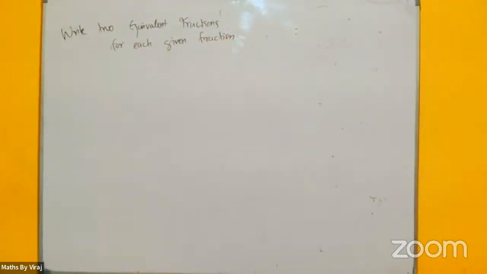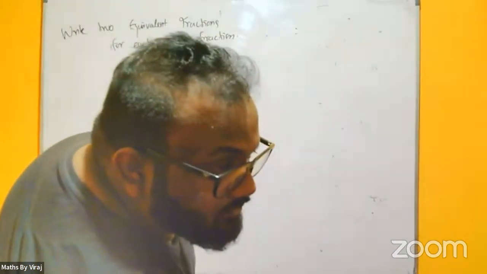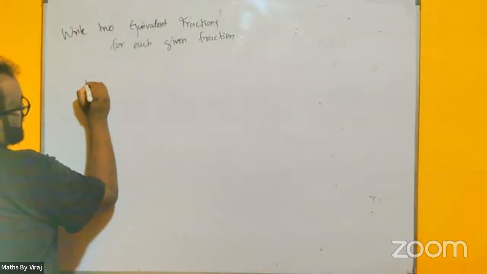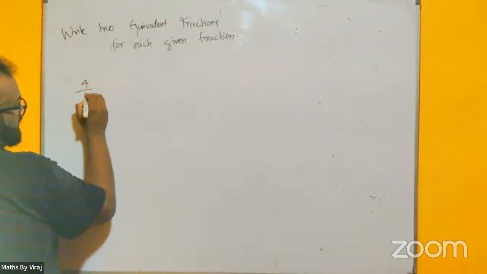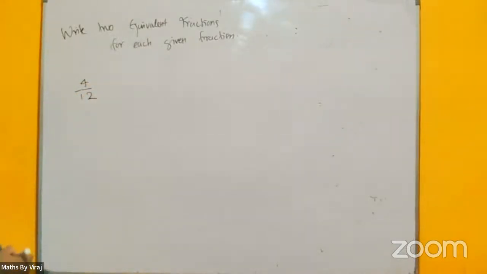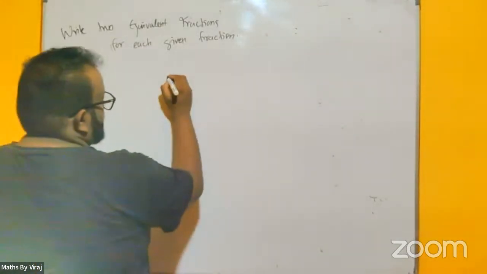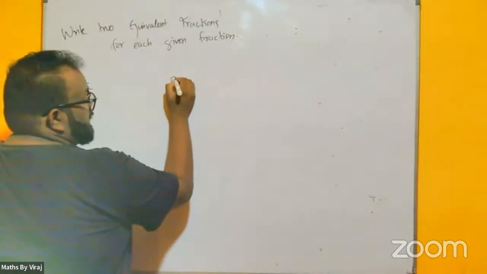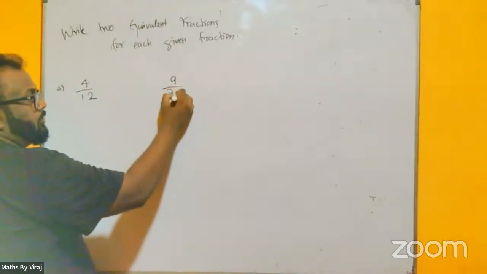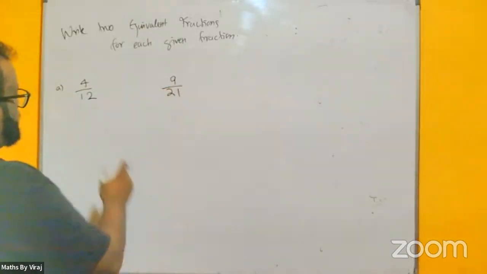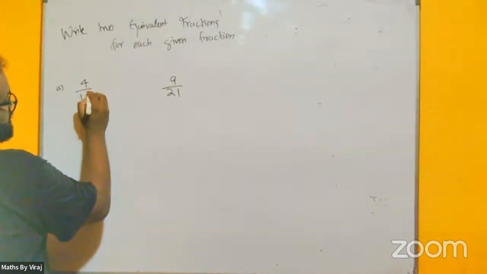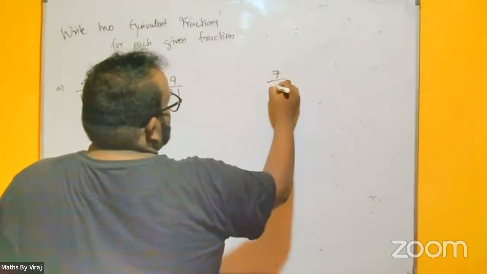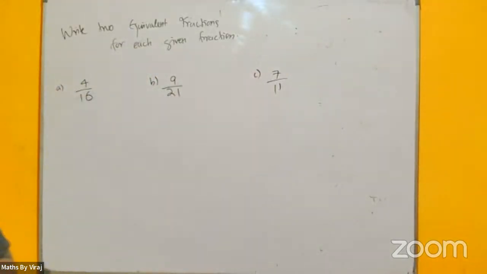The given fractions are 4 upon 16, 9 upon 21, 7 upon 11. Let's see.